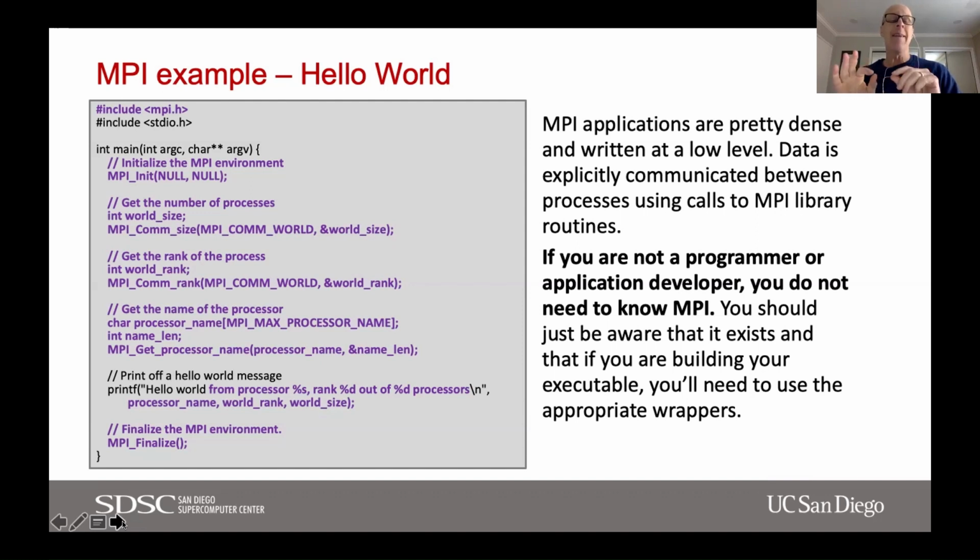This might be a bit of an extreme case in the ratio of MPI to the original code, because we had to implement all of the initialization routine. We had to create the MPI environment, get the number of processes, get the rank of the process, get the name of each processor, and so on. But every MPI application is going to have some of this code. Again, if you're not a programmer, you don't need to know about the details of MPI. You just need to know that it exists.